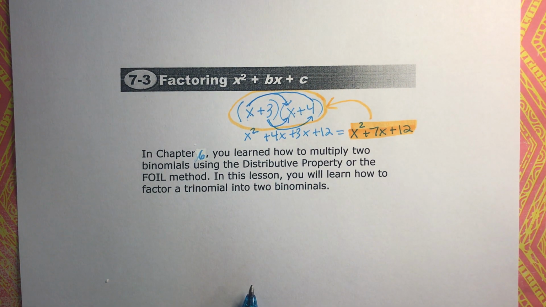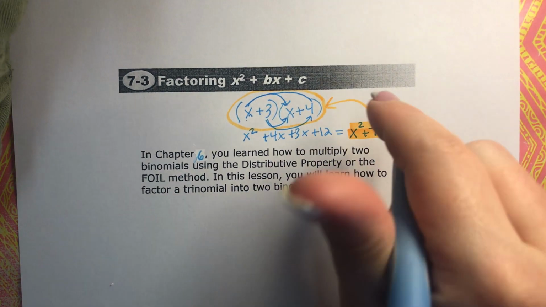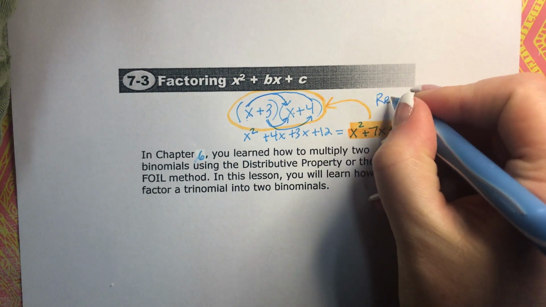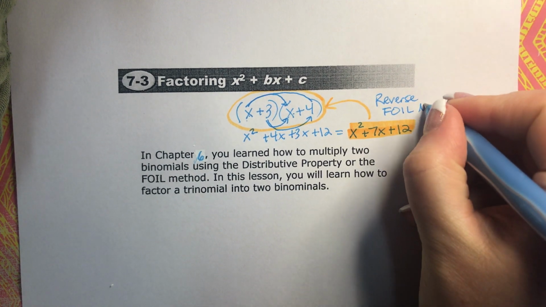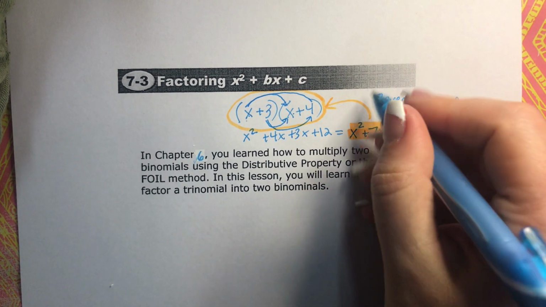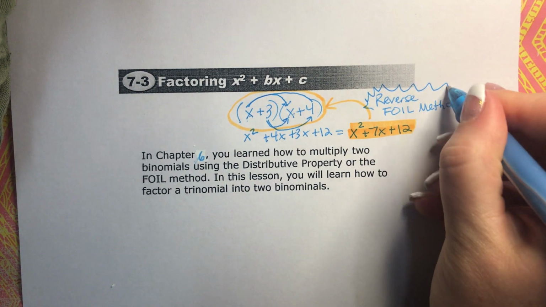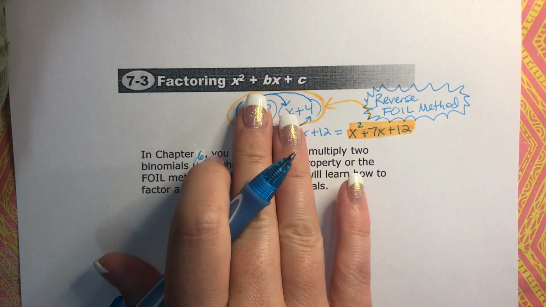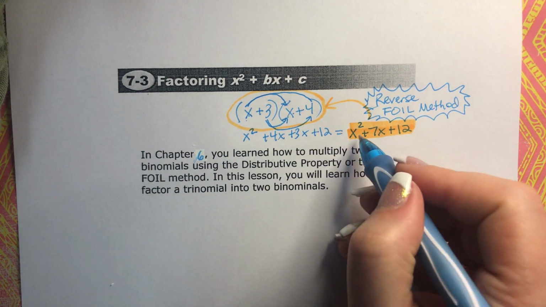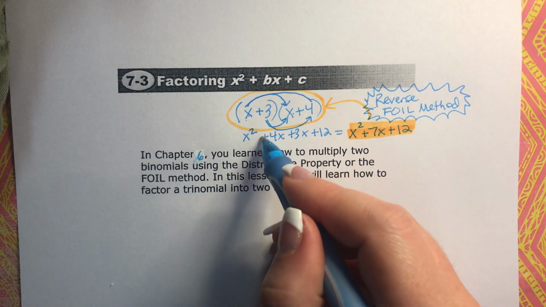What I like to call this is the reverse FOIL method. Because we already learned how to get here, now we're going to go backwards.